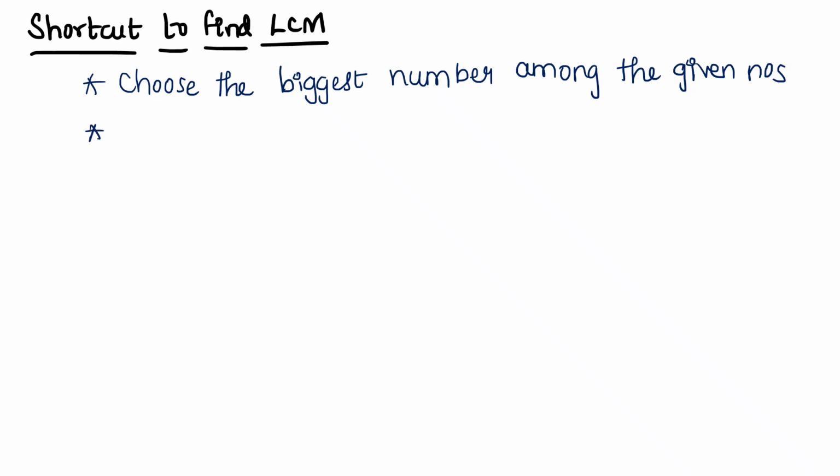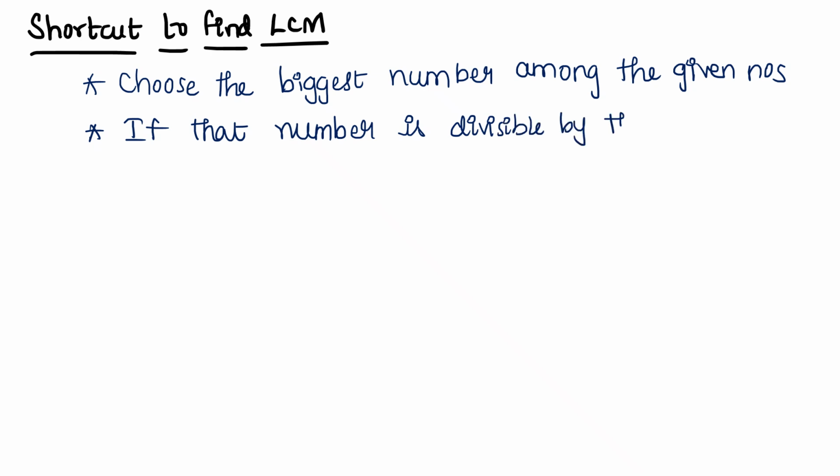The second step: you're going to check if that number is divisible by the other numbers.